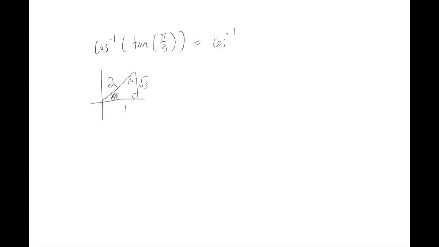Did I do this correctly? Oh, this might be a problem, actually. Let me think. This is actually non-solvable. Now that I think about it, I made a bad example.